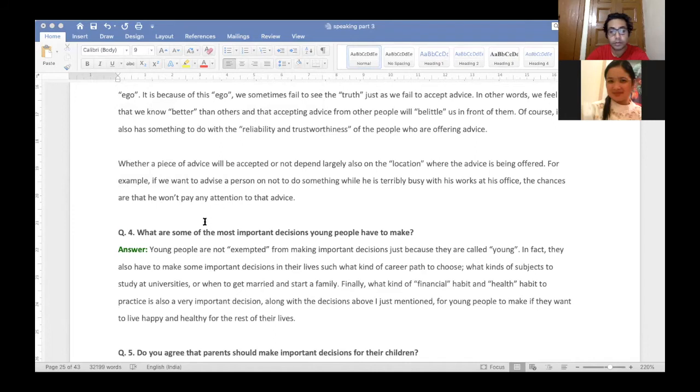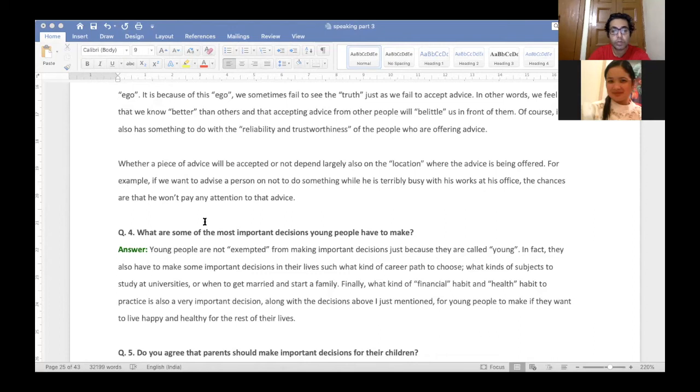Everyone has the right to make decisions. Maybe when you're in middle age, or young generations have the right as well to plan for themselves.